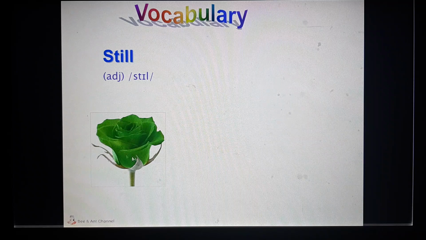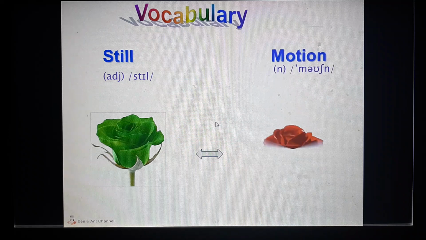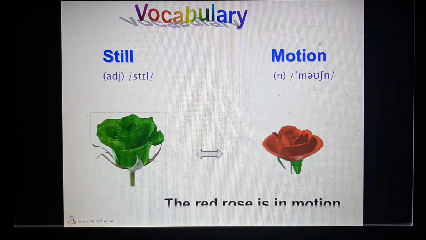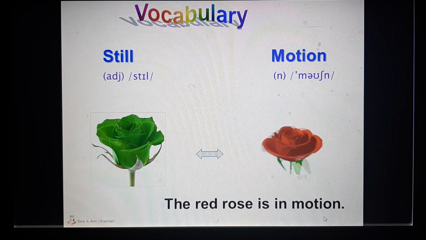The green rose is still, but the red rose is in motion. Motion.